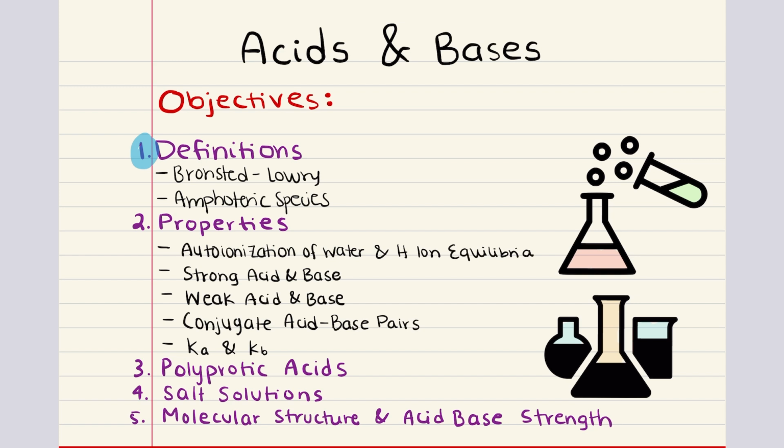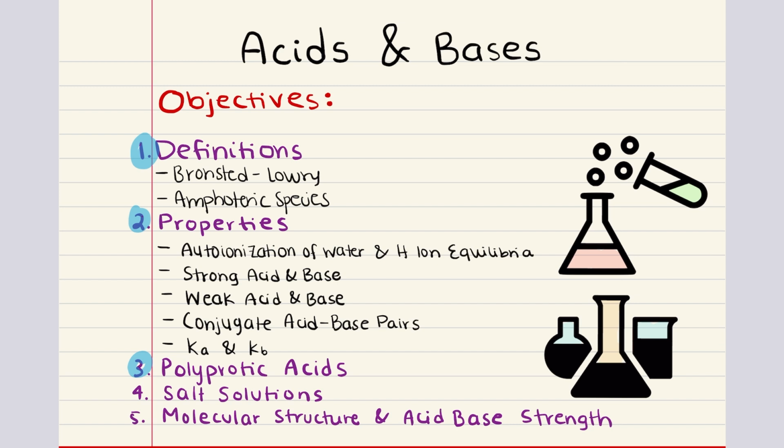Next, we're going to explore key properties of acids and bases. This includes the autoionization of water. We're also going to distinguish between strong acids and bases that completely dissociate in water and weak acids and bases that only partially dissociate. Then we'll move into polyprotic acids, which are capable of donating more than one proton.